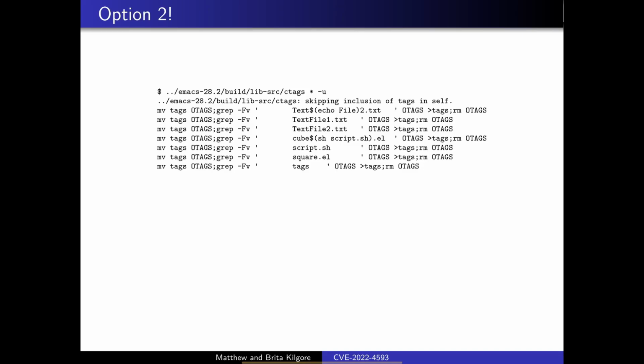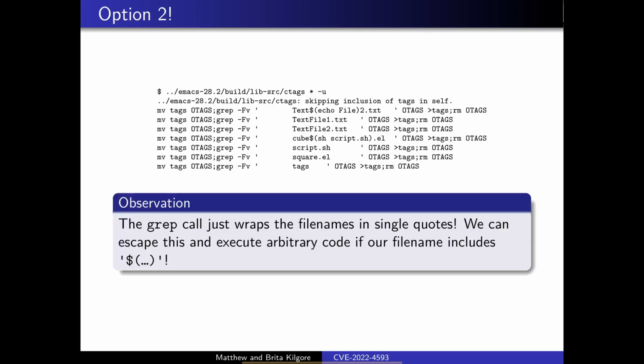Here is a screenshot of our custom build of Ctags running on some test files that I used. As you can see, the command invokes grep on a string delimited by single quotes, including the file names.